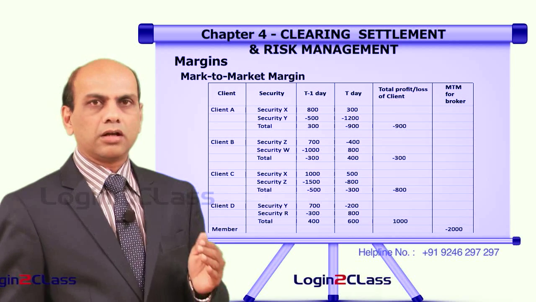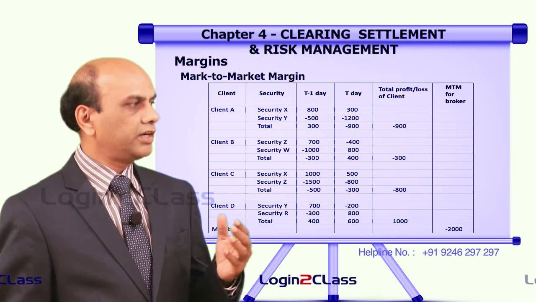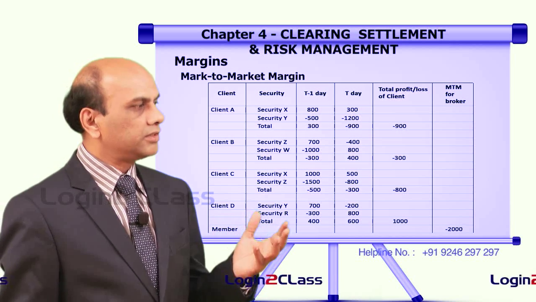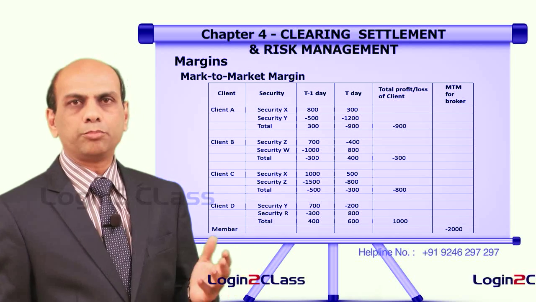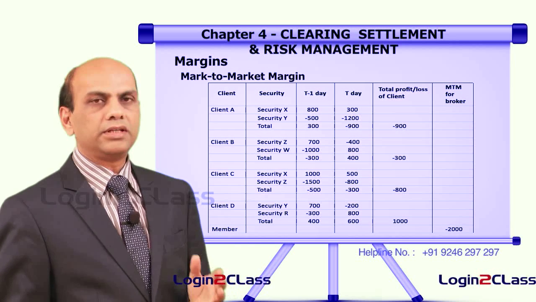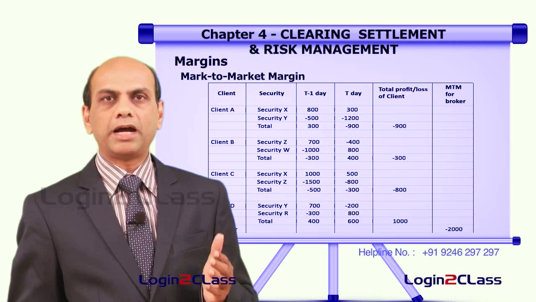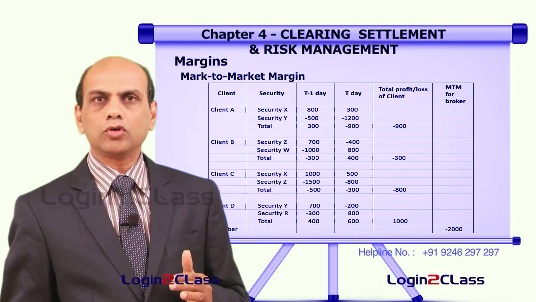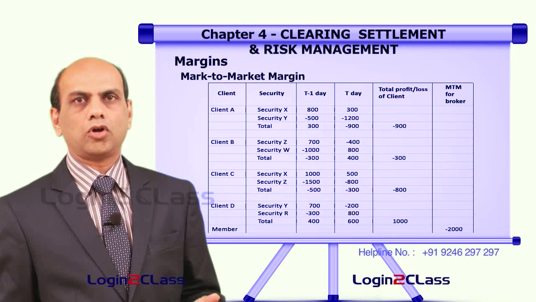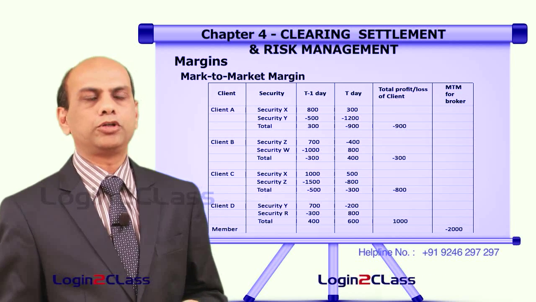Now let us take client C of the same trading member. This client C has traded in security X and security Z. For T minus 1 day there is a profit of 1000 rupees after the position is taken and the market has closed. Then for security Z, there is a loss of minus 1500 after he has taken the position during the market hours, but since the market price has gone against his position, he has a net book loss of 1500 rupees on the position he has taken on that particular day.